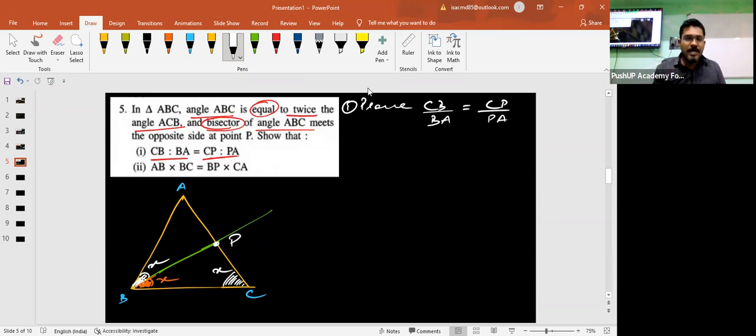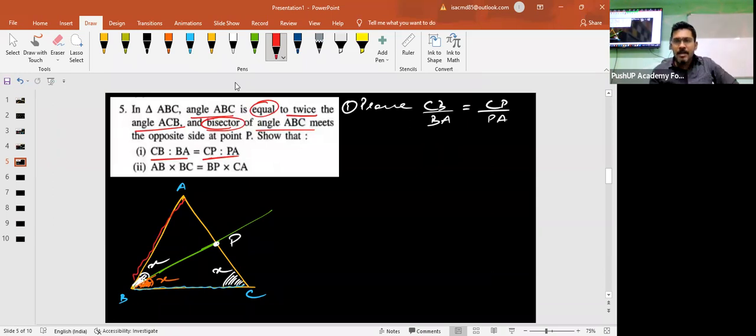Okay, now you have to tell me, children, which two triangles you have to take. CB, BA, where is CB? CB is over here, right? I'll just highlight it in blue color. BA is where? Over here, right? So CB and BA, I think they will belong to the big triangle ABC, isn't it? Yeah, AB and BC will belong to big triangle ABC.